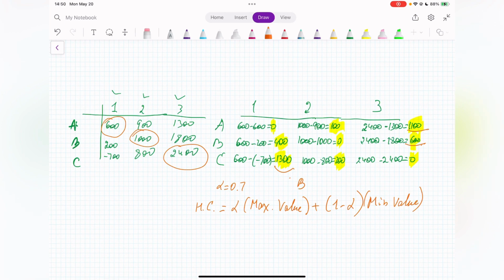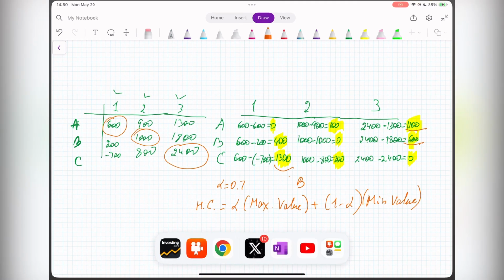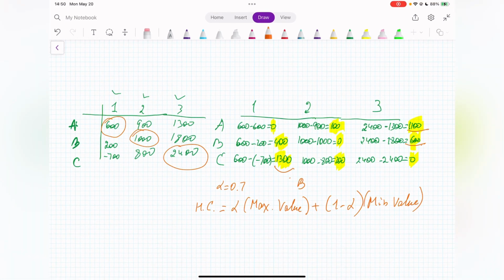Let me check. I think that was my original table. Yes, 600, 200, negative 700. Yes, that's the original table. All right, so let's get going.